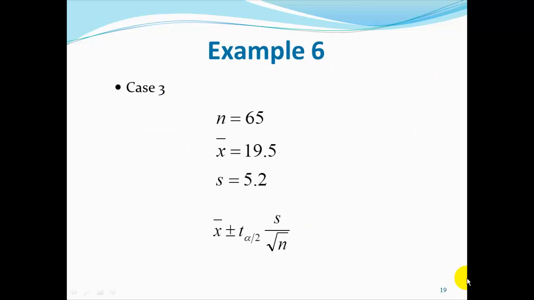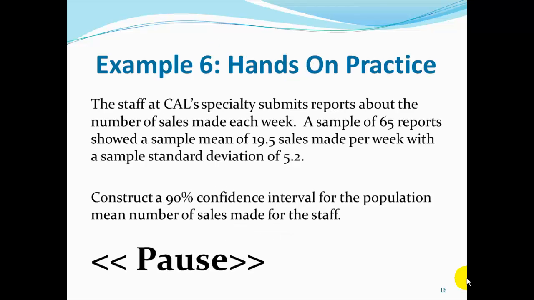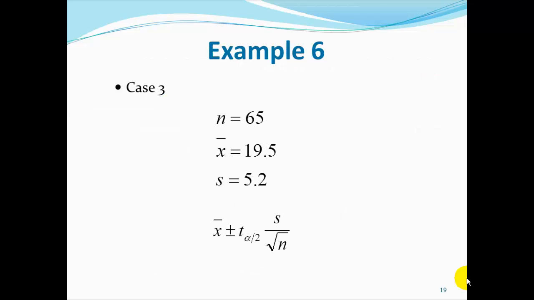For this problem, it was a large sample case with n being 65. Since they told us in the problem that the sample standard deviation is 5.2, we know that sigma is not known.